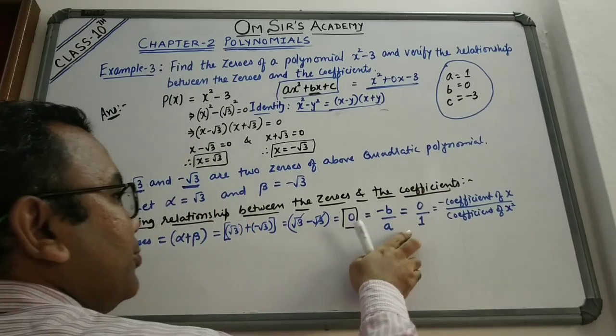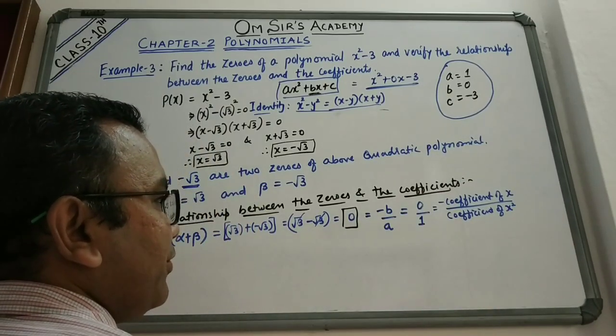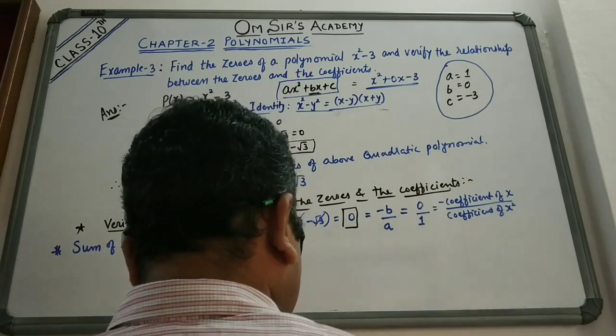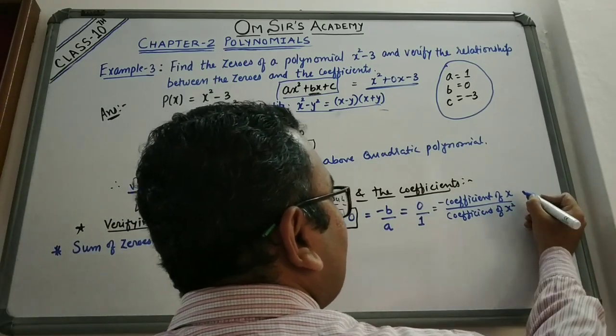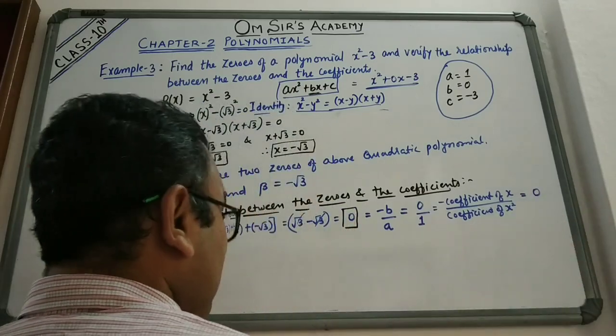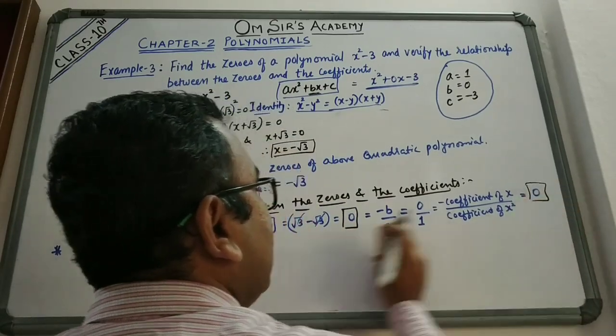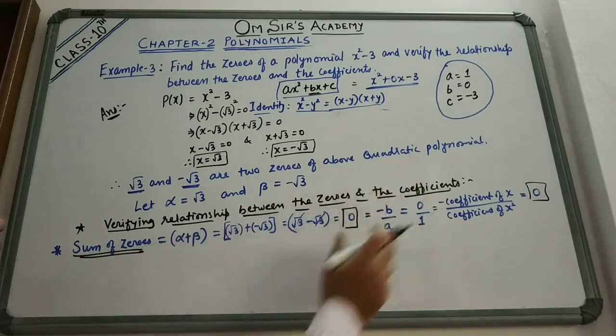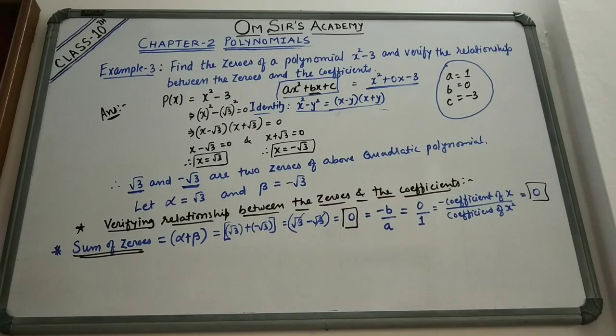So 0 upon 1 is written as minus coefficient of x upon coefficient of x square, and if I find this value, I'll get 0 upon 1 is what? 0. So this 0 is equal to this 0, and hence my relationship of sum of zeros and coefficients is verified. Is it clear? So now I come to the second one, that is the product of zeros.